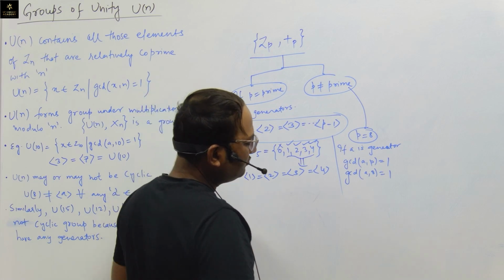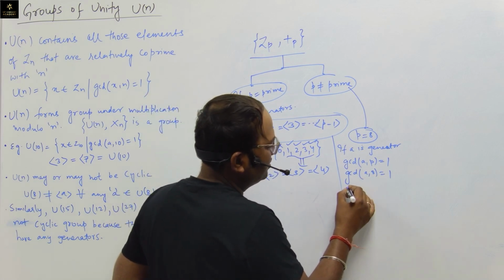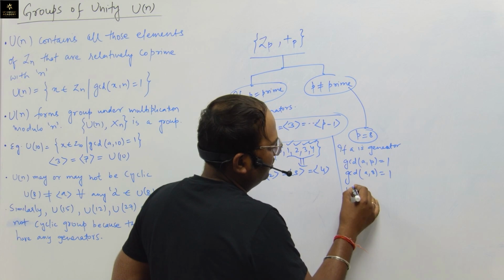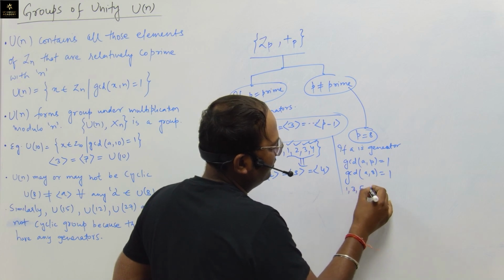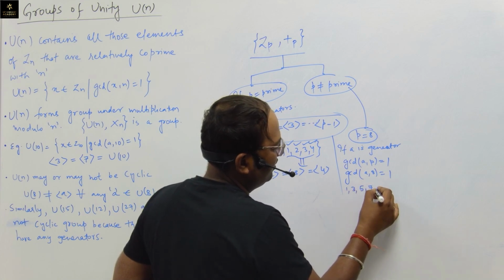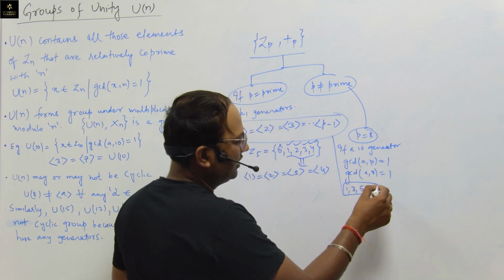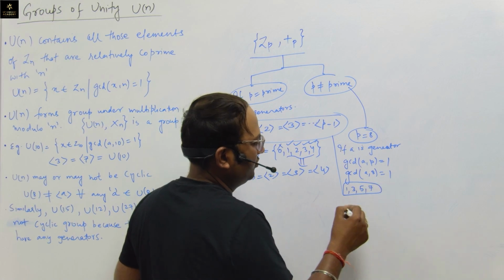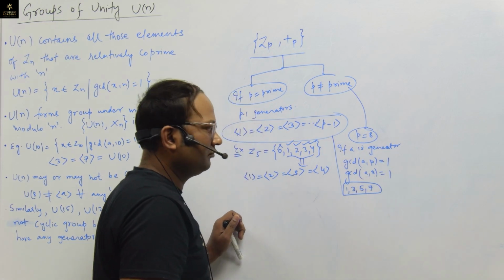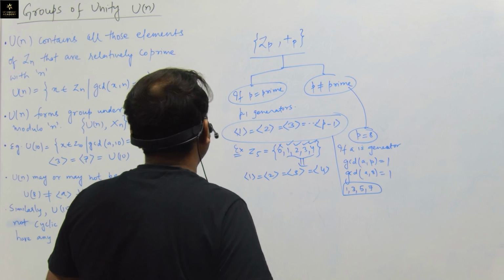So the value of a can be 1, 3, 5, and 6 is not there, so we have 7. So 1, 3, 5, 7 are the generators in case p is not prime. Clear? So now let us move further.